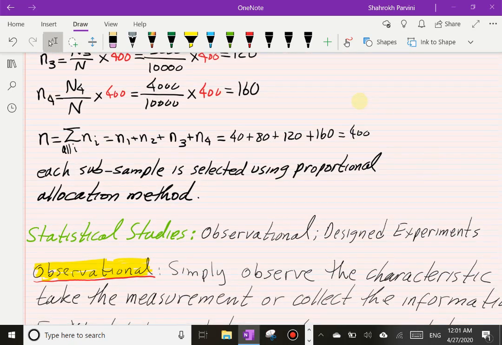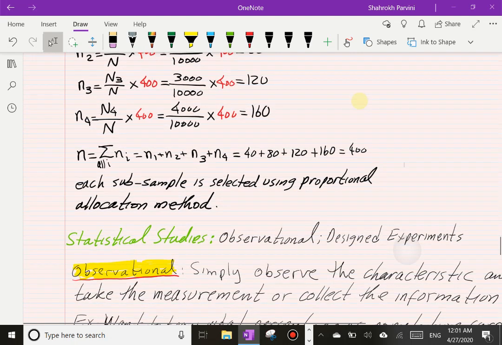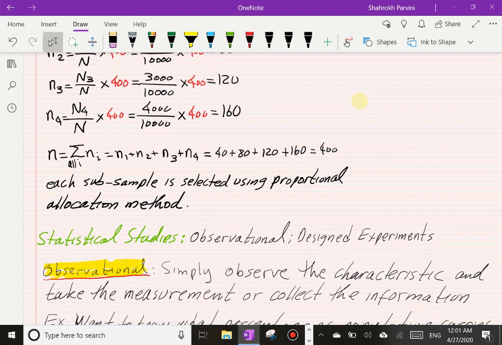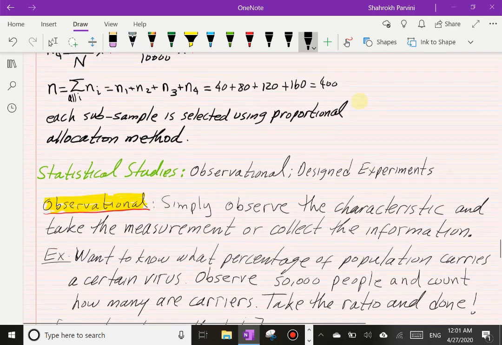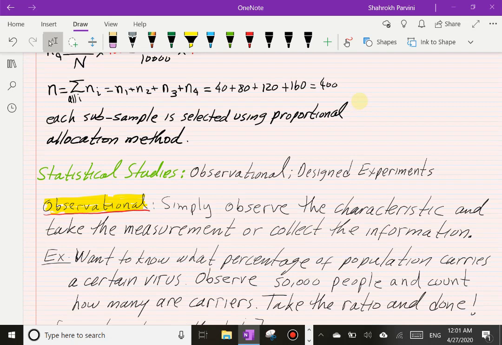So here's the observational study. In an observational study, you simply observe the characteristic and take the measurement or collect that information. That's all you do. You do not interfere or interact with the data. For example, let's say I want to know what percentage of the population carries a certain virus.